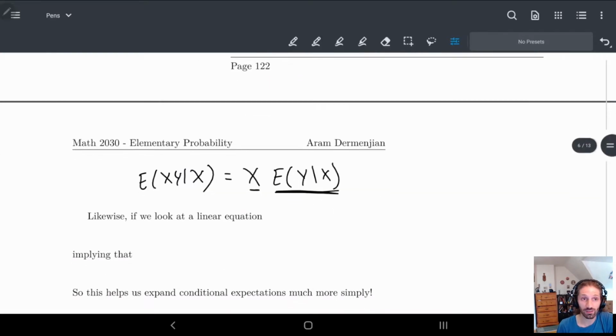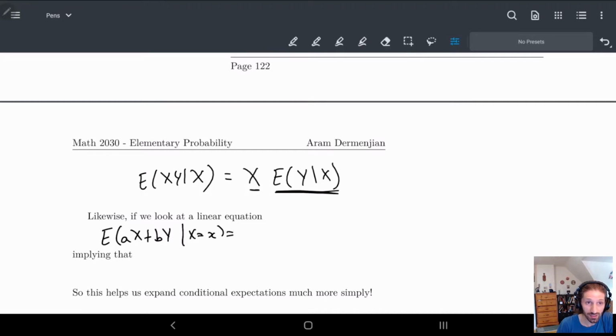Likewise, if we look at linear equations, what I have is E of aX plus bY given X equals x. This is just E of, well, ax plus bY. Y I can't convert because I don't know what that is equal to, but I know X is equal to little x, so I can convert that.